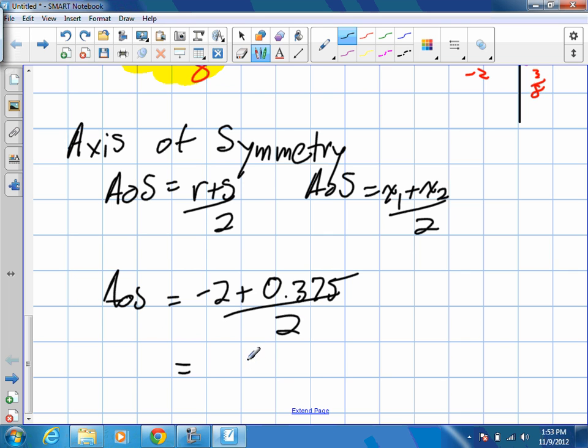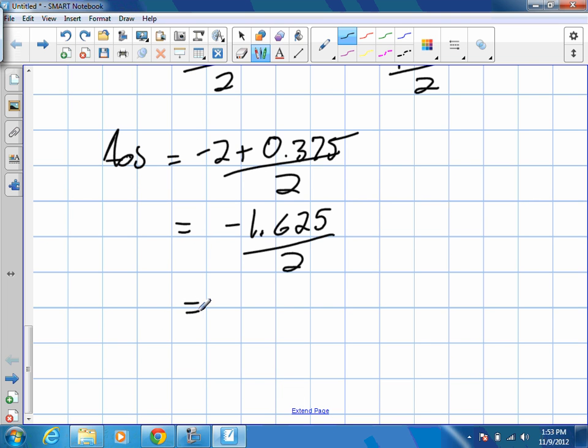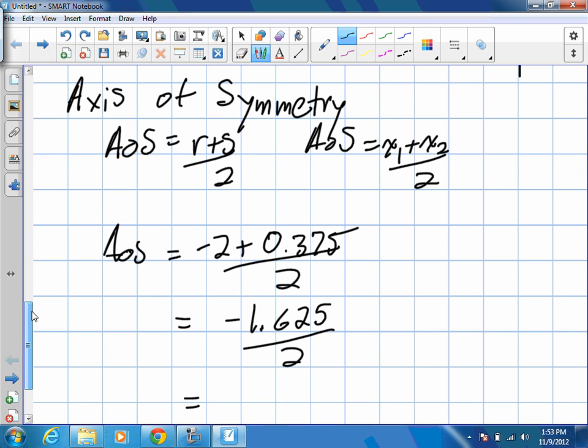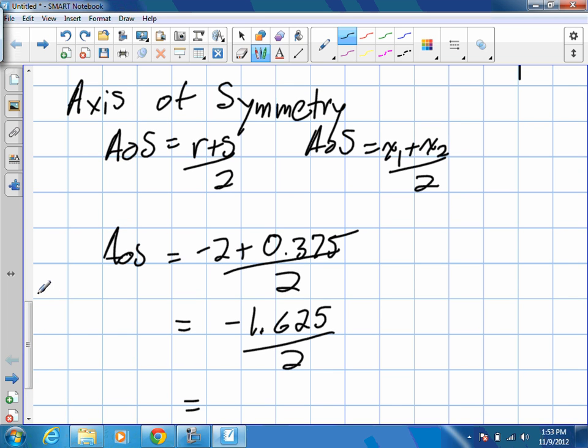Negative 1.625 divided by 2, which is what? Calculators, this is why I should get calculators. Help me out here. I got negative 0.81. Negative 0.81, that's okay.